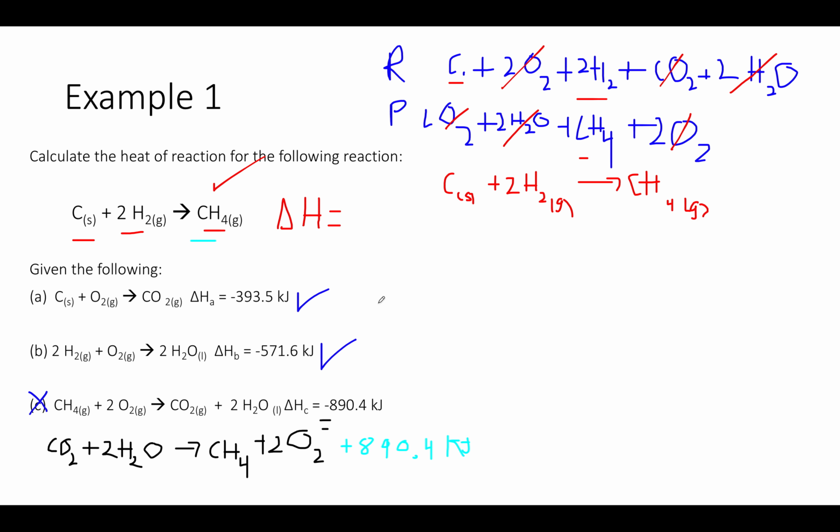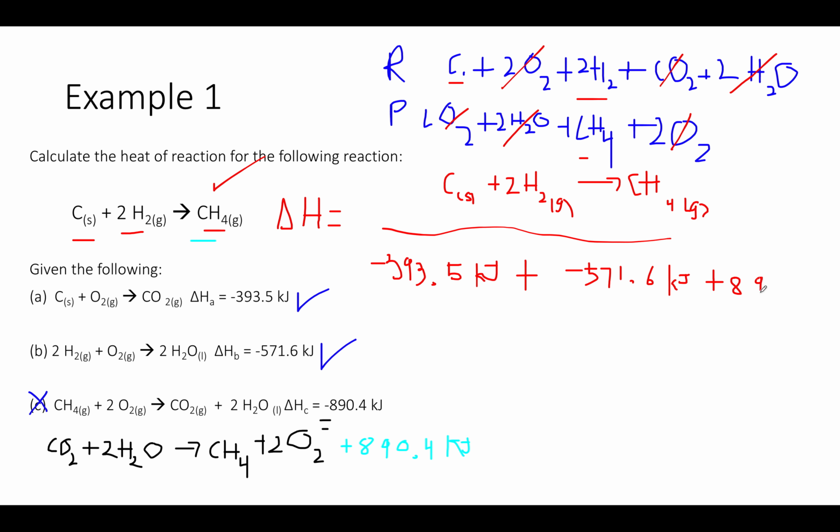We just flipped our reactions. Now we have to calculate the enthalpy. So we're going to take the sum of the changes we made, so negative 393.5 kilojoules plus negative 571.6 kilojoules plus, now look, we flipped our sign here, 890.4 kilojoules.